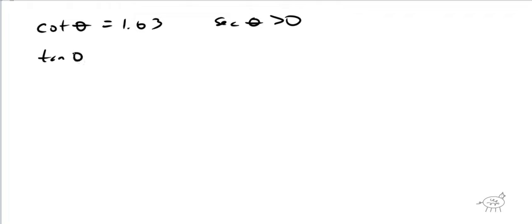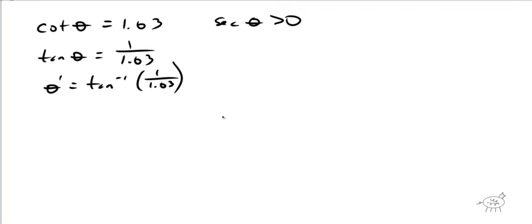Let's do cotangent of theta is equal to 1.63 and secant of theta is greater than 0. Another restriction. So first thing, I have to rewrite this because I don't have an inverse cotangent button, so I can write tangent of theta is equal to 1 over 1.63. And then theta prime is equal to inverse tangent of 1 over 1.63.